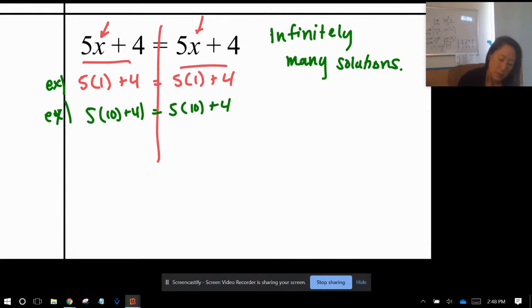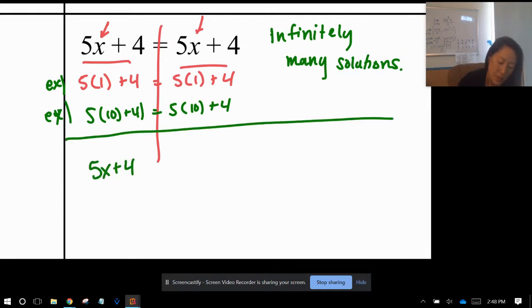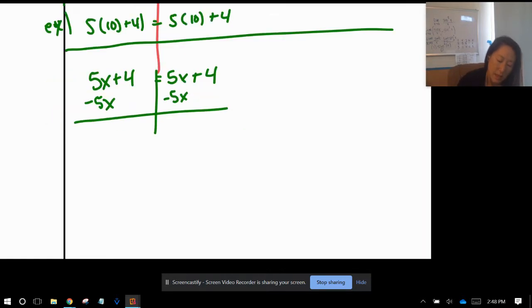All right, so here's how I solve this for real. I'm going to subtract 5x from both sides. So I get 0x and 0x. I get 4 is equal to 4.